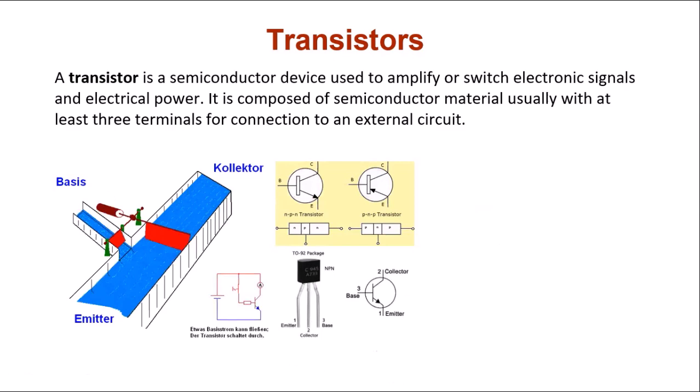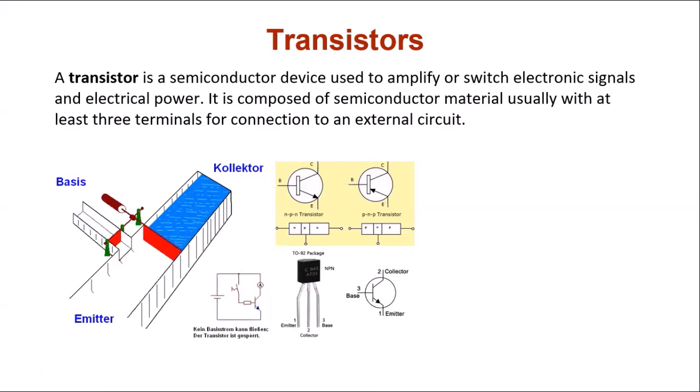This is the electronic symbol, but how does it actually appear physically? So the transistor is this. At the bottom, the new diagram has come. You can see here that there is emitter, base, and collector. So the middle one is collector. You can consider that the last one is base, and this one is emitter.